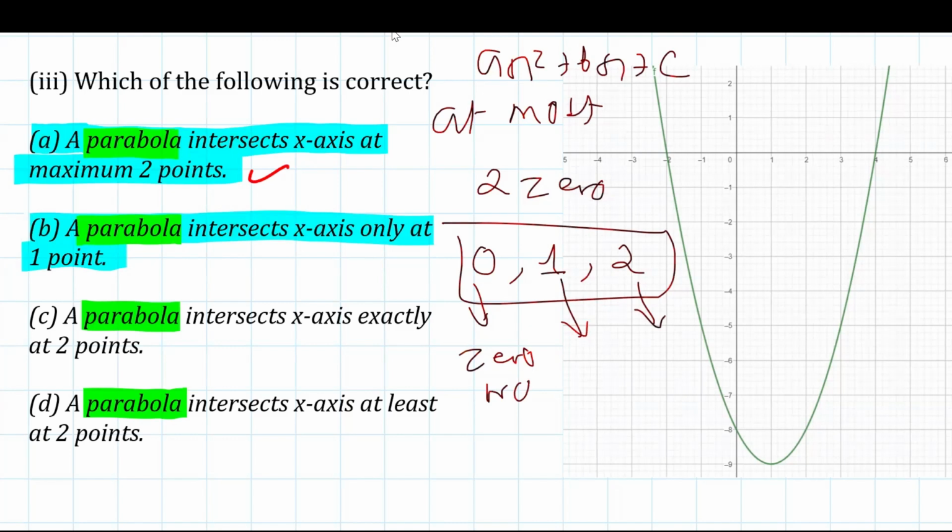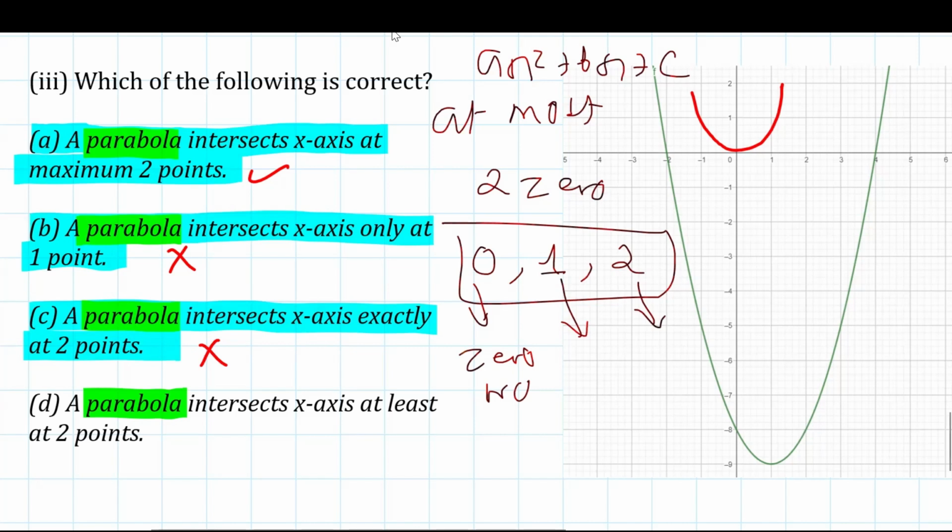Then we say this is not correct because it can intersect at 2 points also. Next, a parabola intersects the x-axis at exactly 2 points, not necessarily, because it can intersect the x-axis at 1 point also. Like this is also a parabola. In this case it is touching the x-axis at 1 point.